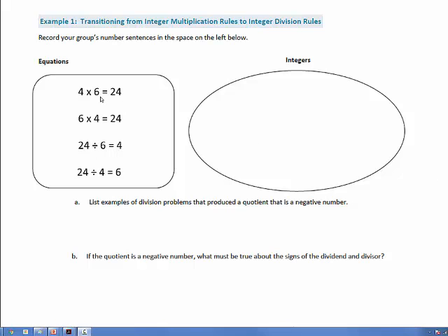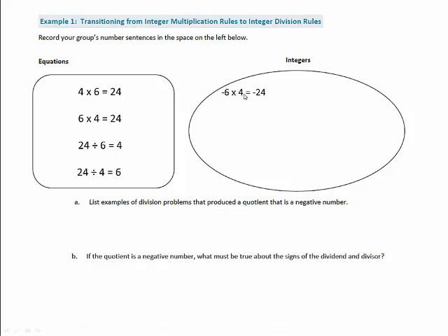Now, these equations all have positive numbers in them. I could do the same sorts of equations with integers. I can look at negative 6 times 4. That gives me negative 24. Remember from our rules of multiplying, if the numbers have opposite signs, then we get a negative number. I could also see negative 4 times 6 equals negative 24.